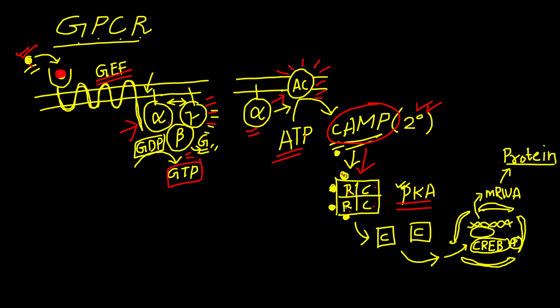As soon as cyclic AMP binds to the regulatory subunit of protein kinase, the catalytic subunit becomes free and active, and enters the nucleus and phosphorylates CREB protein, which is a transcription factor. It binds to the promoter region of DNA and generates the required messenger RNA, and it forms the protein of interest. In this way, the GPCR signaling pathway works.